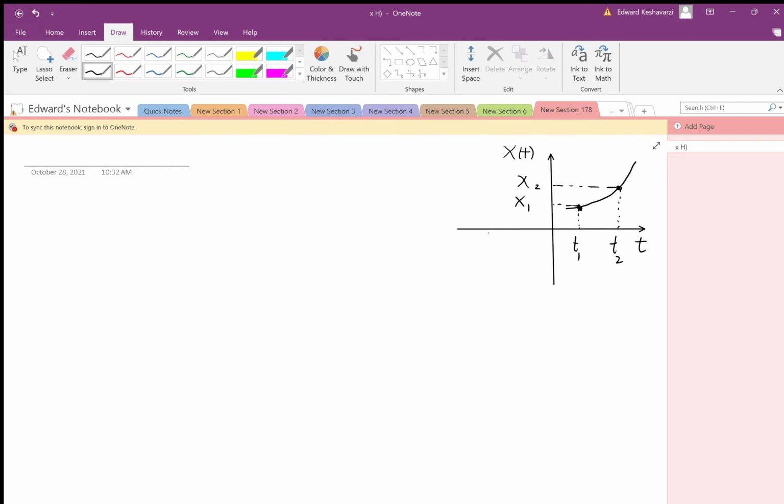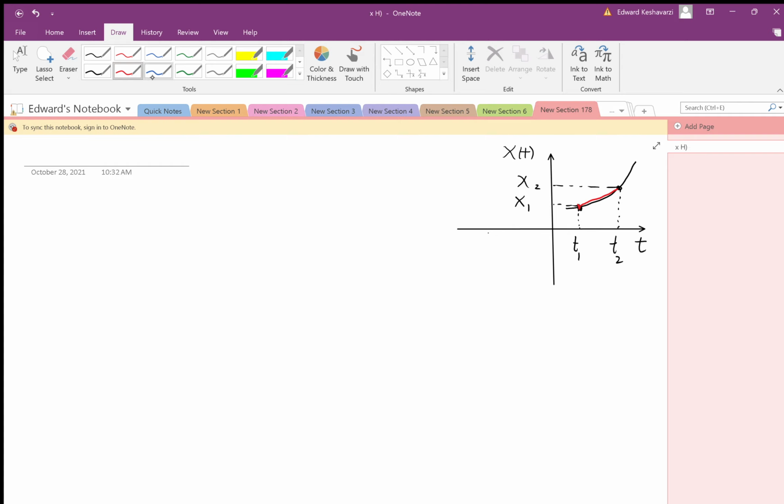How fast this happens determines the velocity of the particle. Therefore, the average velocity is the slope of this red segment. Once t2 gets closer and closer to t1, it becomes the slope of the tangent line, which is the velocity at a moment, or instantaneous velocity.